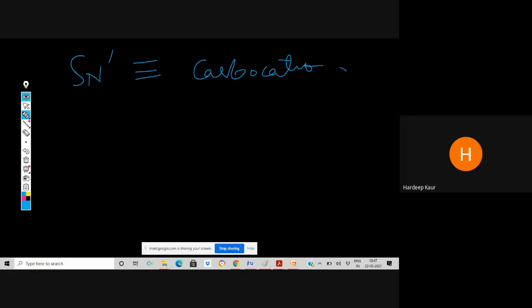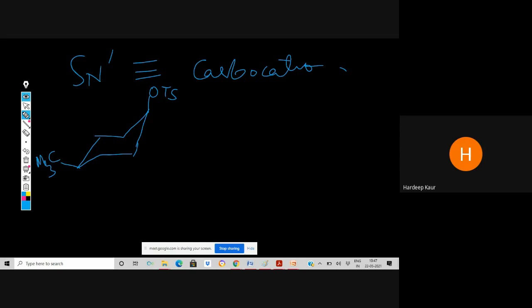We want to carry out the acetolysis of cis-4-tertiary-butylcyclohexyl tosylate.